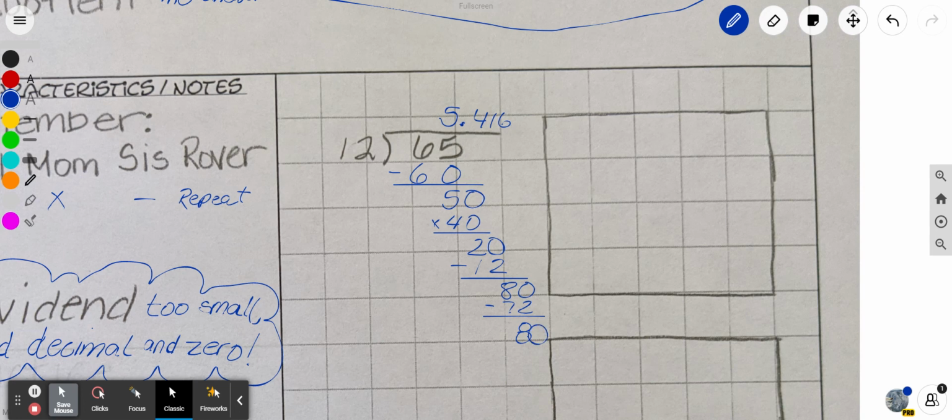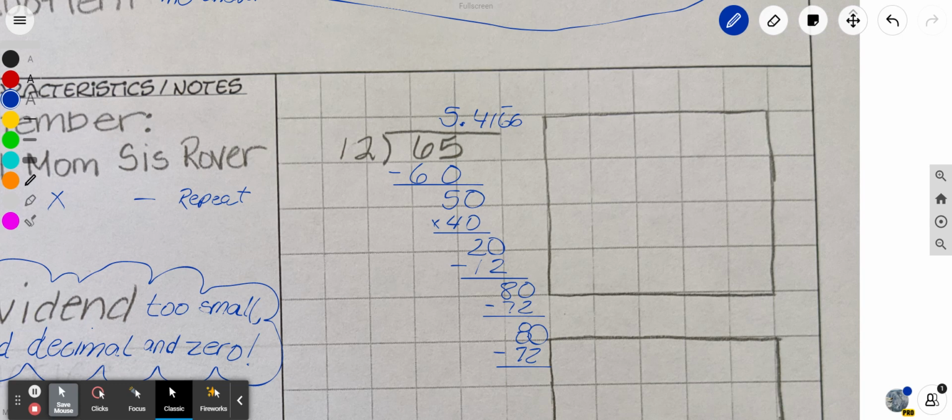I would add my 0. 12 goes into 80 6 times. 6 times 12 is 72. And you can see that that pattern is going to be repeating. So that tells me that I'm going to have a repeating 6. So I can just put that little line over my first 6, and I'm done. So let's fill in these squares here.